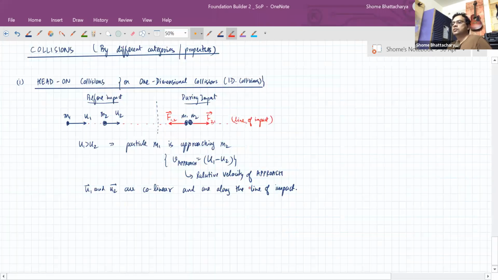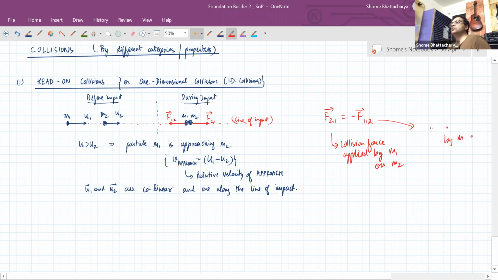Okay. So here F21 is equal to minus of F12. This is the collision force applied by M1 on M2. And similarly, this is the collision force applied by M2 on M1. So they are an action-reaction pair.